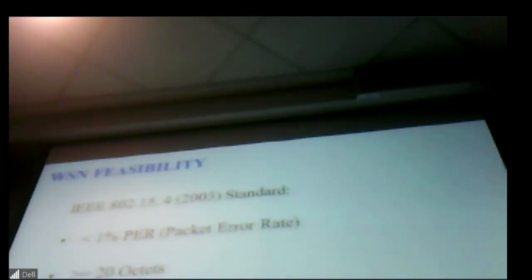That is the requirement, and it is stated in the standard and has been adopted by industry as well.